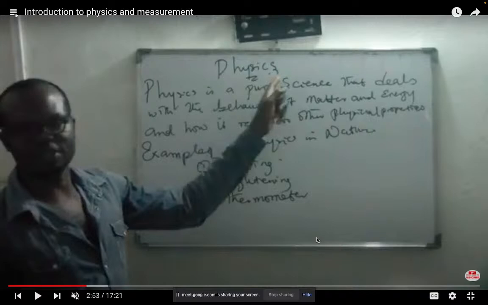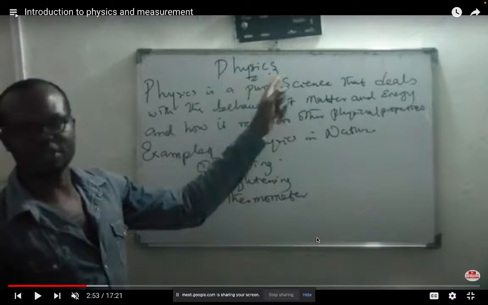Okay, so learning outcome number one for today is settled: the definition of physics and examples of physics in our everyday life and in nature. The definition of physics is that physics is the pure science of the behavior of matter and energy and how it relates to other physical properties.